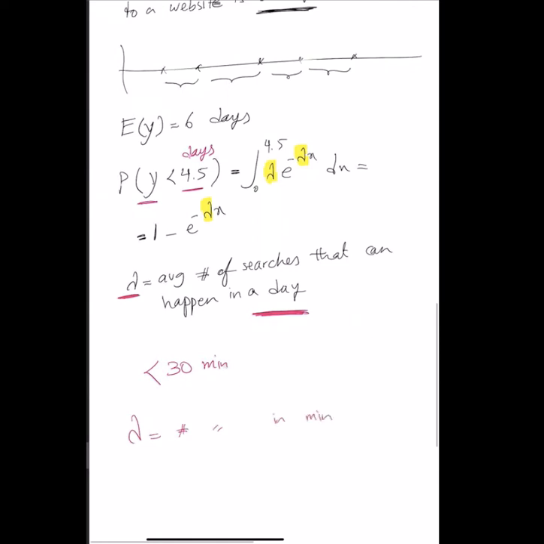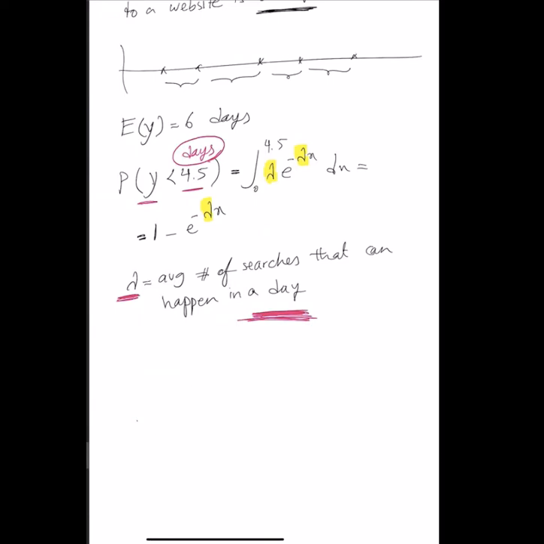That's the only thing you have to take into account when you answer any question related to the exponential random variable. If the question asks for the probability that this time is less than 4.5 days, then your lambda should also look at the average number of things that can happen in days. These have to have the same time frame. Now the question is, how can I find lambda?